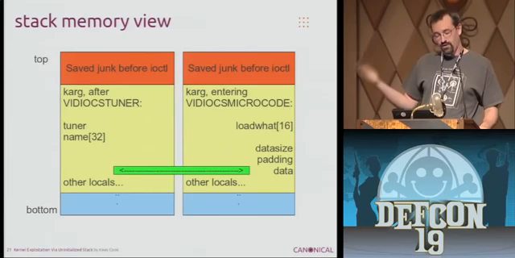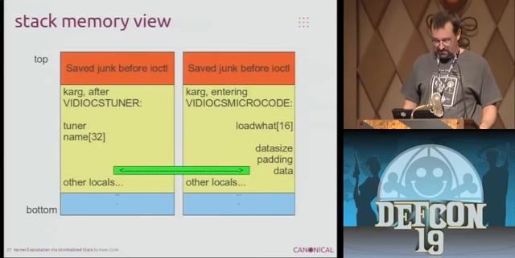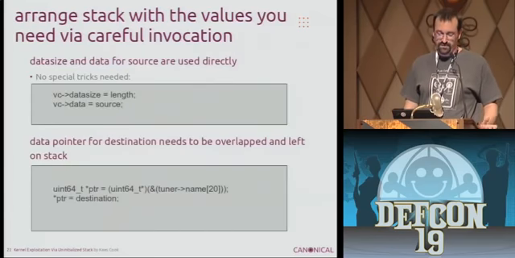Then we can call the microcode function, and whatever was there will end up inside the data field. There are no special tricks for data size and for the length and source that we're doing. The only thing we need to do is calculate, and that's the C for just quickly calculating where we are offset inside the other structure.